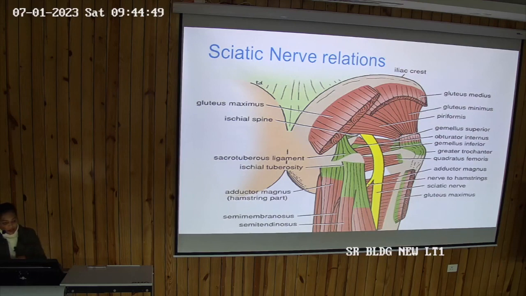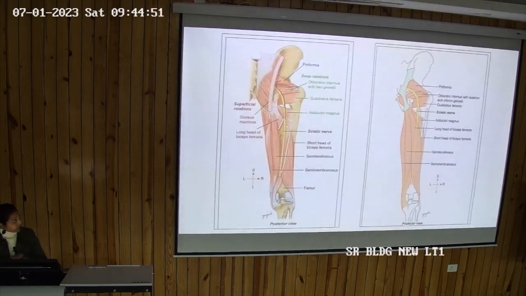So as it runs downwards in the thigh, it is crossed by the long head of biceps femoris.